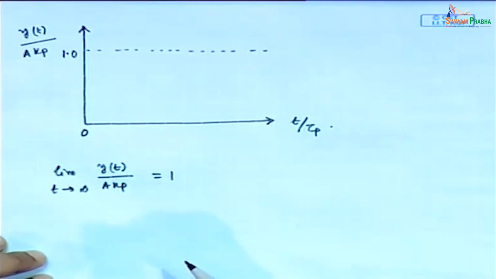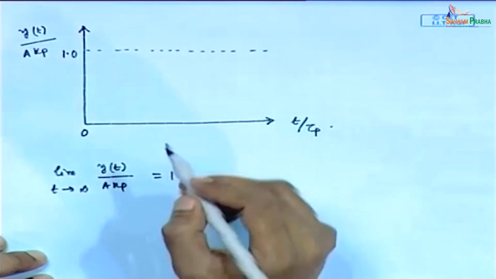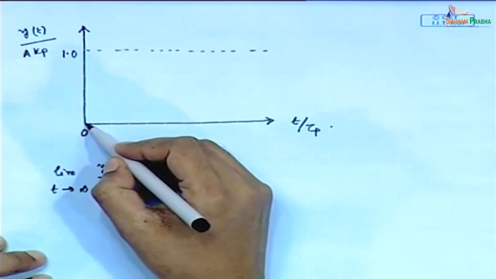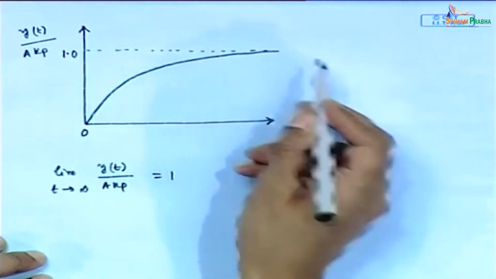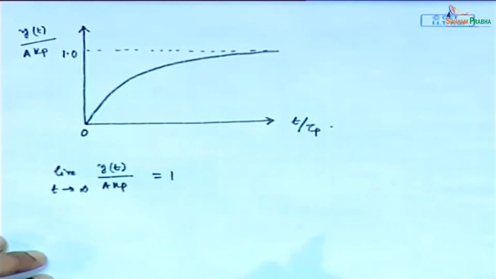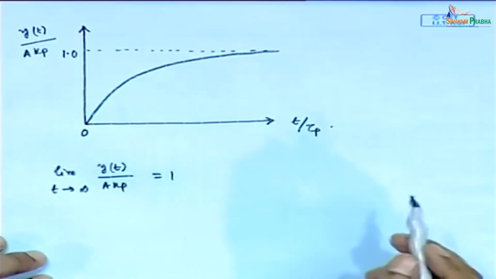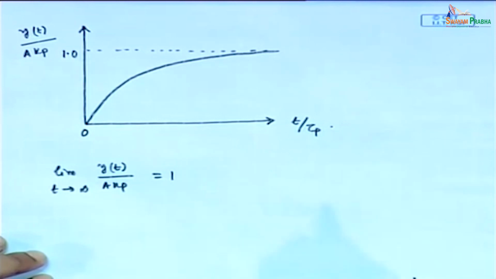I mean t time equals to 0 is the starting point. Now, the dynamics of y t is represented graphically by this curve. So, this is the dynamic response of the first order system if we introduce a step change in the input variable with magnitude a.